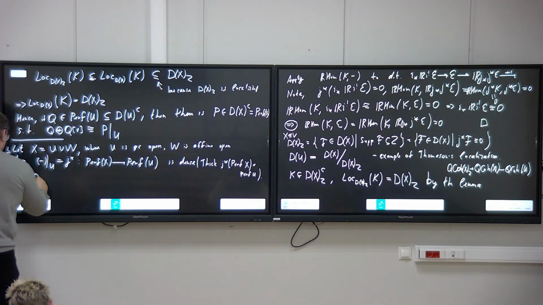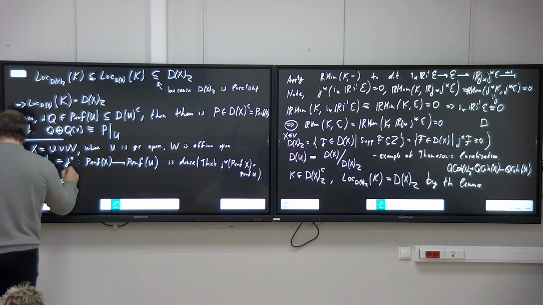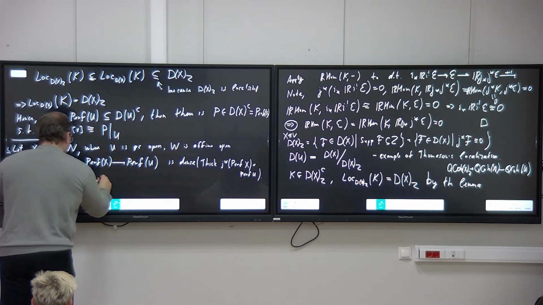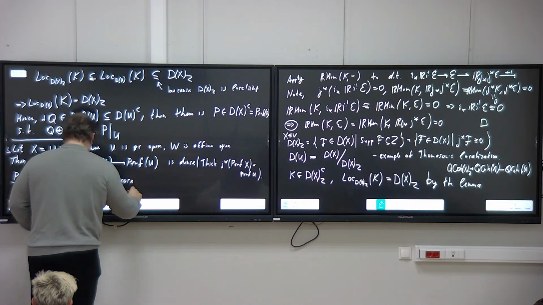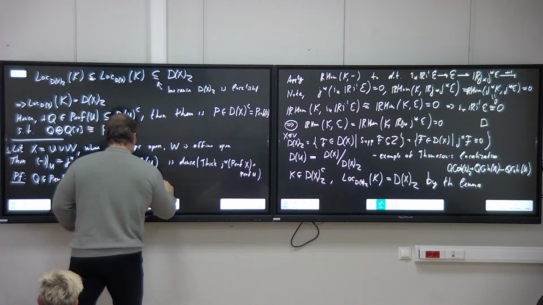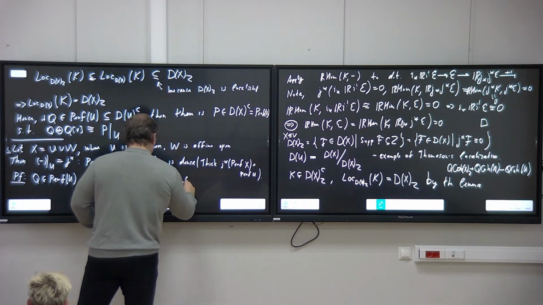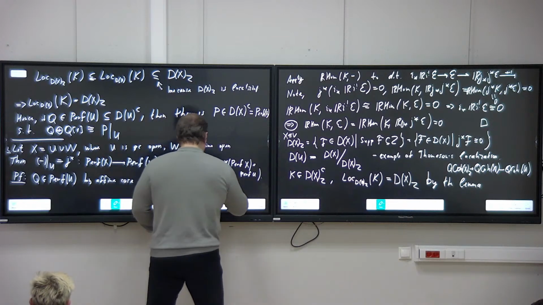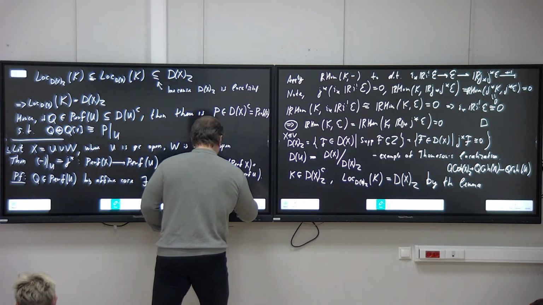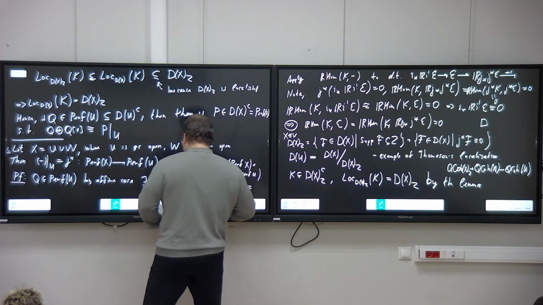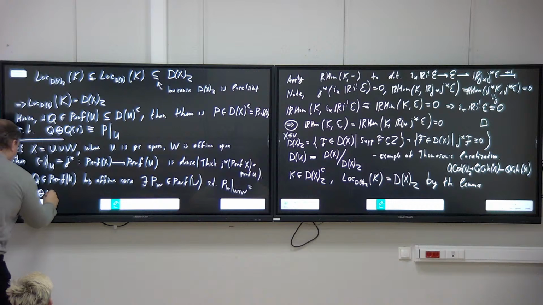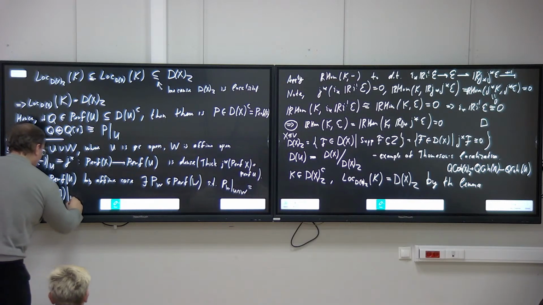Take an object Q, which is perfect over U. So by the affine case, there is P_W, which is perfect on W, such that P_W restricted to the intersection of U and W is the same thing, meaning quasi-isomorphic, since we work with derived categories, as Q plus Q shifted by 1, restricted to the intersection.